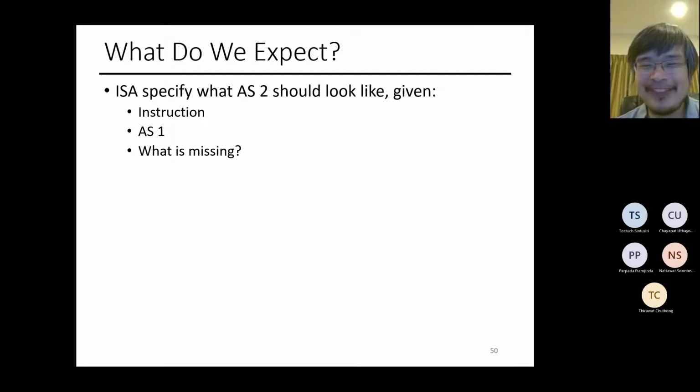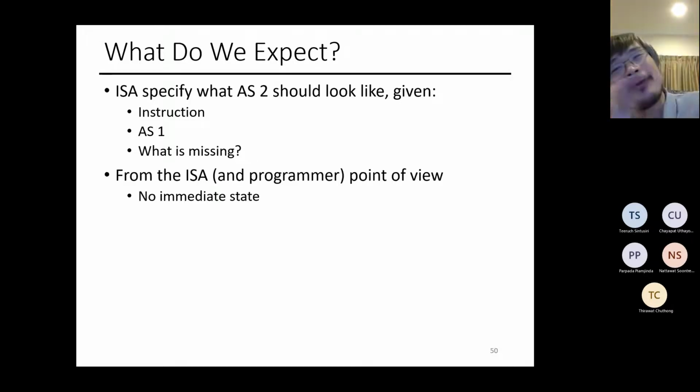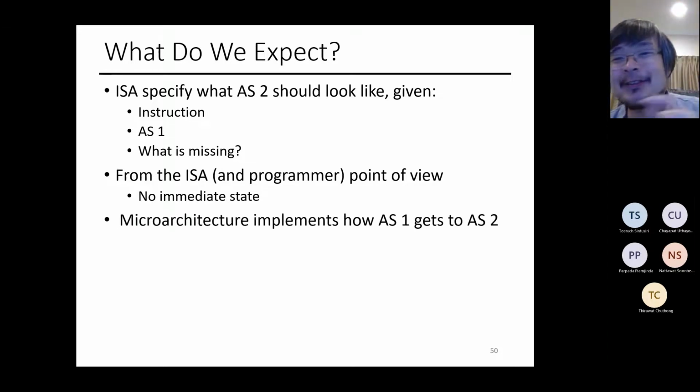Anyone want to guess? What's missing is, from the programmer point of view, you don't know how you get to AS2. What is the hardware that allows you to move from AS1 to AS2? So that's the microarchitecture. Basically, these are the hardware inside your CPU that run the instruction, that change from AS1 to AS2.